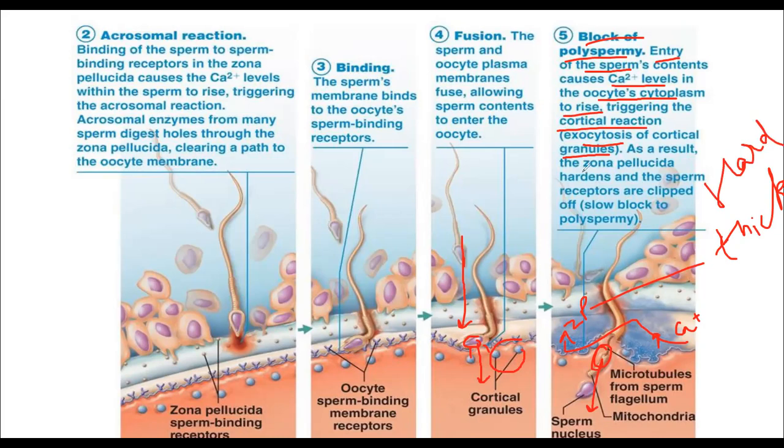So as a result, the zona pellucida will harden and the sperm receptors are turned off or clipped off. This will not allow any other sperm to gain entry. You can see the sperm now moves away from the zona pellucida because there are no receptors and the zona pellucida has become hardened. There is a change in the membrane physiology. So this sperm will now go back.